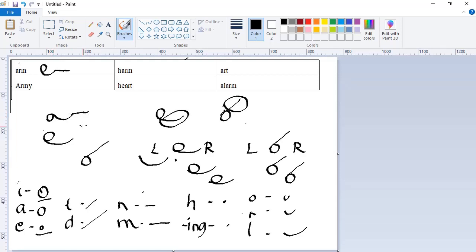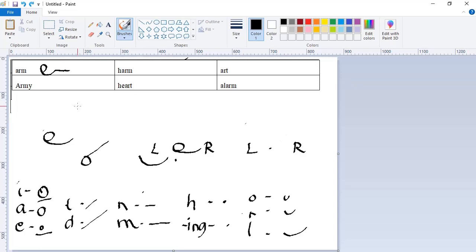Arm. Hindi ganyan, kundi magiging ganon. Okay? So, basta kapag R, L, yung stroke mo, nasa loob, nandun sa taas yung circle, hindi nasa baba.